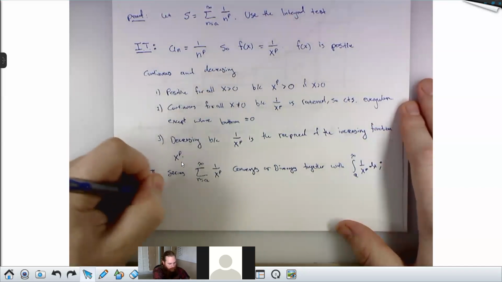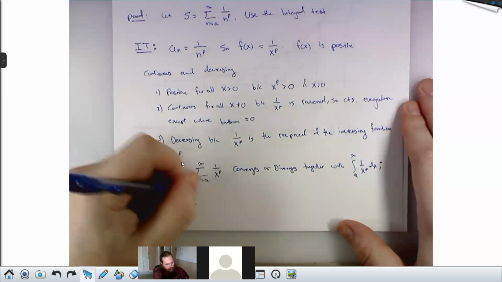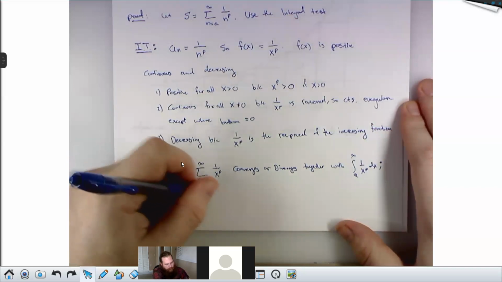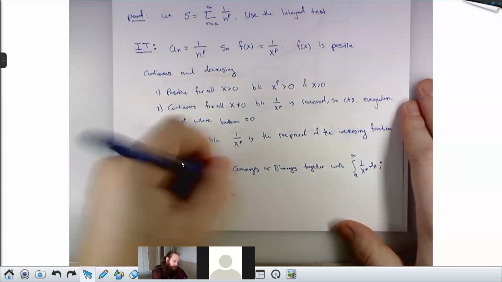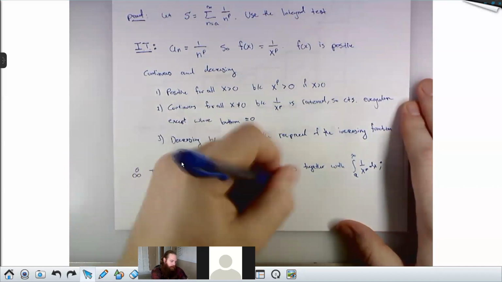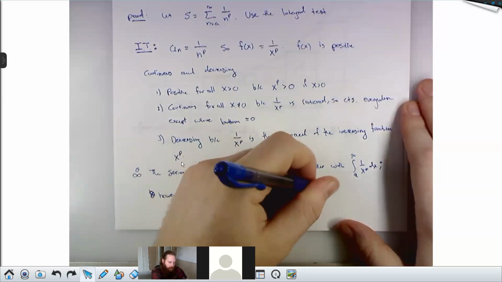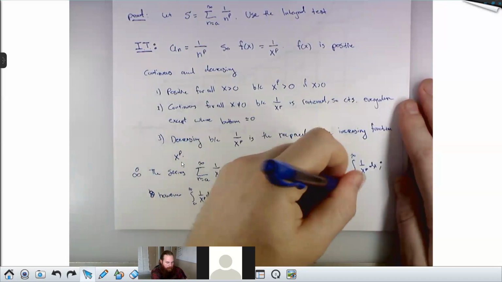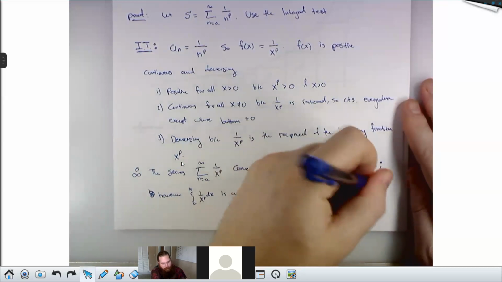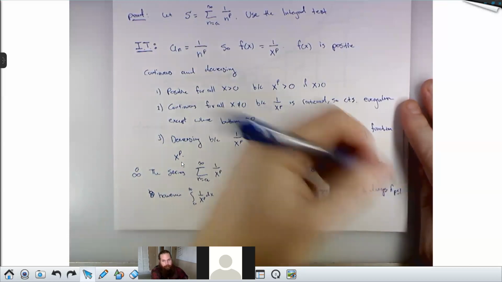However, integral a to infinity 1 over x to the p dx is a p integral. So it converges if p is bigger than 1, and diverges if p is less than or equal to 1.